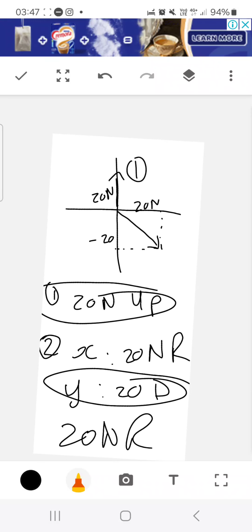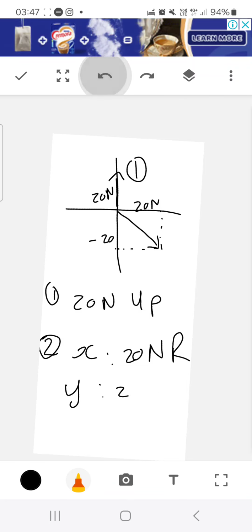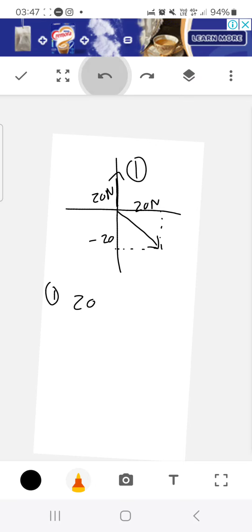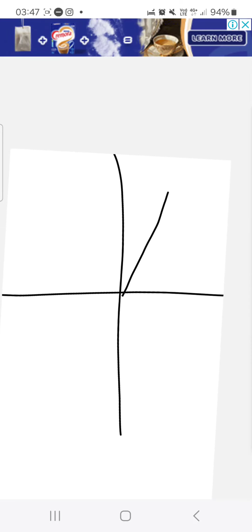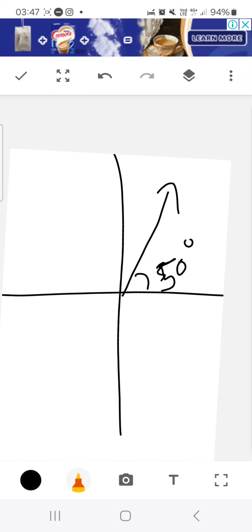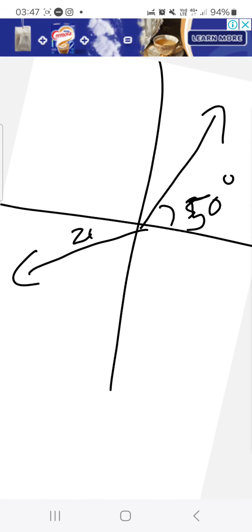So I would go and break it into its x and y components and add all of the x components, add all of the y components. And this is the type of thing that would also work if we have vectors pointing in directions where they give us, let's say, something like this, and they say, oh, this is, let's choose 50 degrees, and we have a different one pointing down like this at 20 degrees.